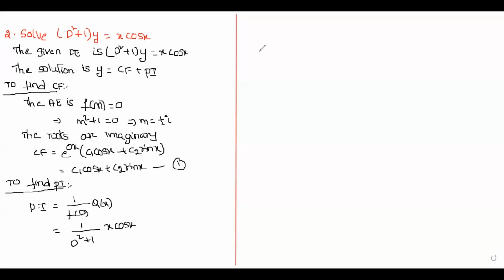Already we discussed that this will be equal to the real part of 1 by (d square plus 1) into x into e power ix. Now this is in the form of e power ax into v. So we can solve this by substituting d by d plus a.